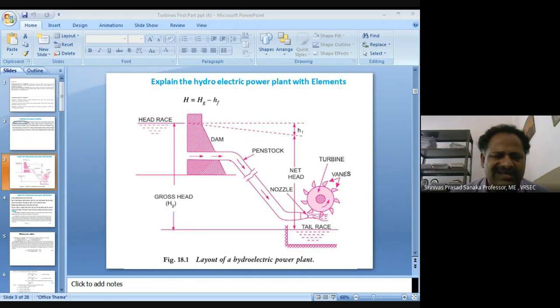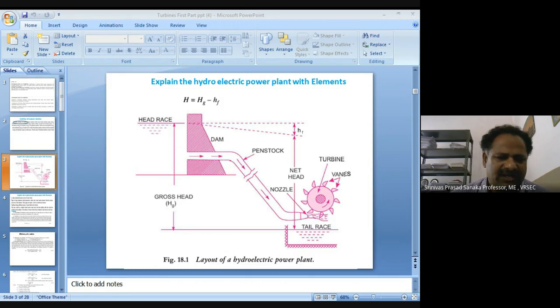Using the Darcy-Weisbach equation, the head loss in penstocks can be estimated. Let us say the head loss in the penstocks is HF. Small letter h, suffix f, indicates that it is the frictional head loss.